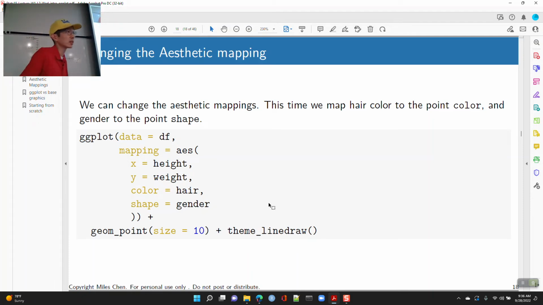Like all the data points will still be in the same spots, but now you'll have 3 colors to choose from for the hair, and only 2 shapes. Yeah, so exactly. So the X and the Y have remained the same. X is still height and Y is still weight, so everything's going to remain in the exact same spot. But now we're going to have 3 different colors represented as far as the color of the points, and then we're only going to see 2 shapes.